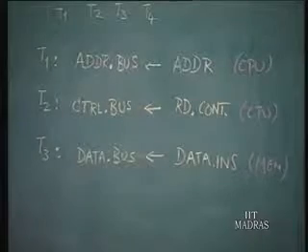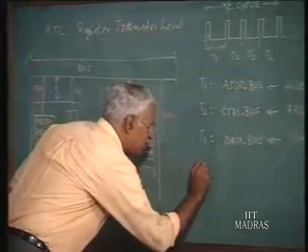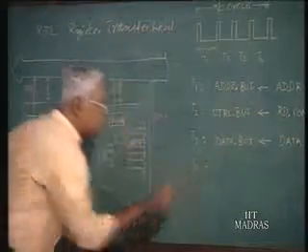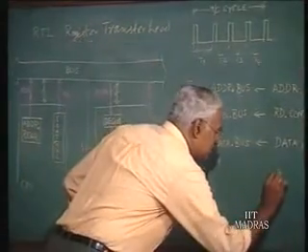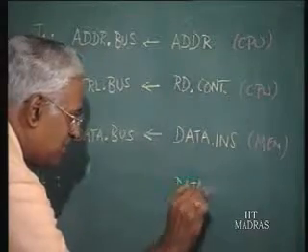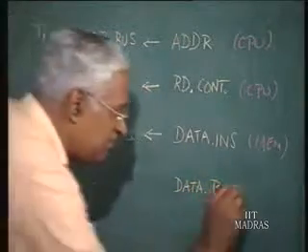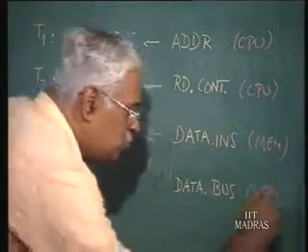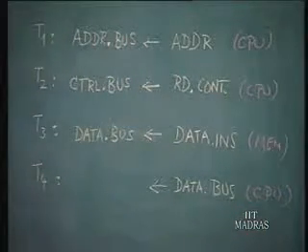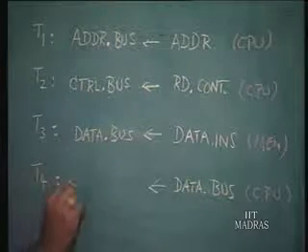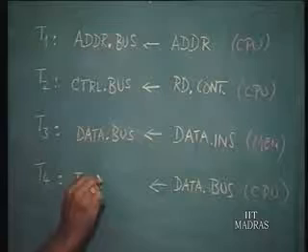Fine, good. Then if you remember, we said during T4 the data that is available on the bus will be read by the CPU into a register, and this being an instruction, we also said that this goes into the instruction register.